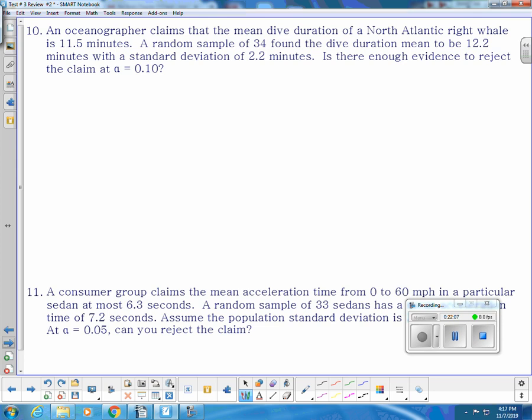All right. Number 10. An oceanographer claims that the mean dive of a North Atlantic right whale is 11.5 minutes. So again, 11.5 is equal. The null is going to be, the mean is equal to that. That's our claim. And the alternate is going to be the mean is not equal to that. Right? So we're going to find our statistic here, our z-score.